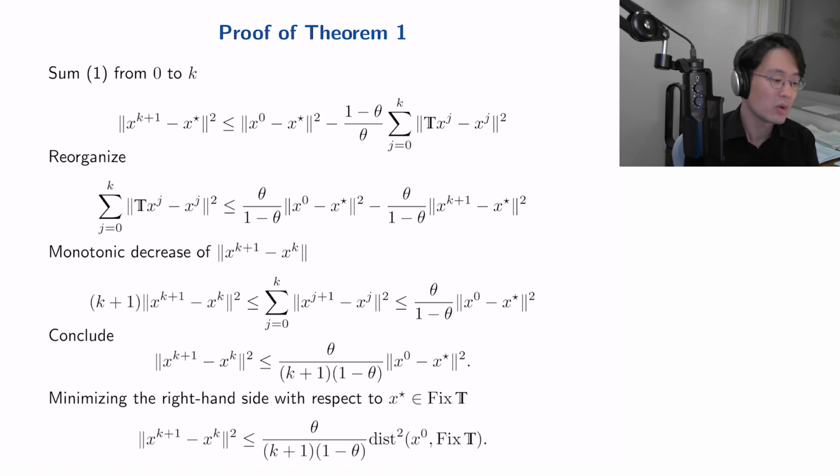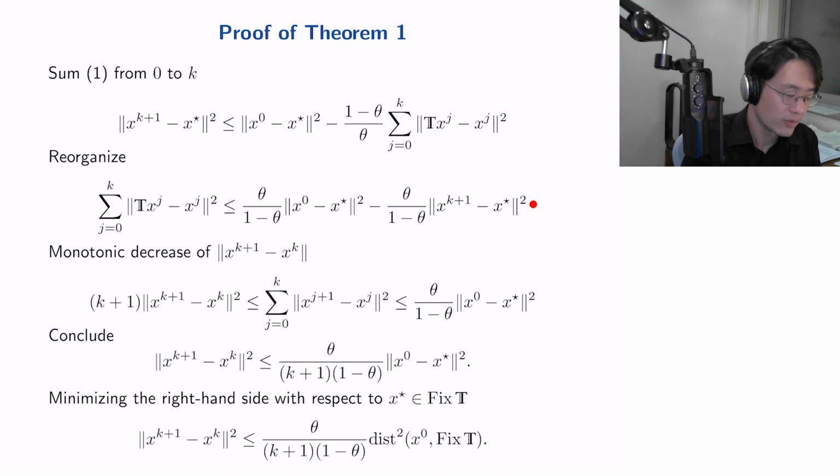We sum the core inequality from 0 to k. This is again the summability inequality summed from 0 to k, and that gives us this, where here we have the summability term. We move this to the left-hand side, move this to the right-hand side, and divide by this term. So we reorganize to get this inequality.